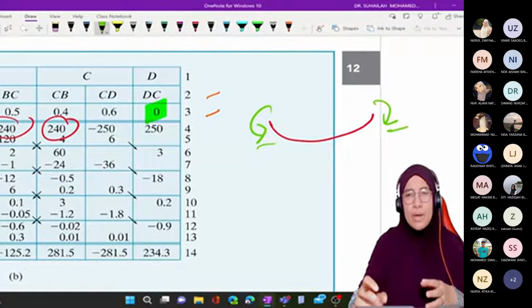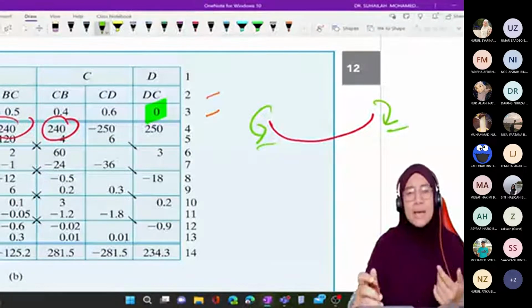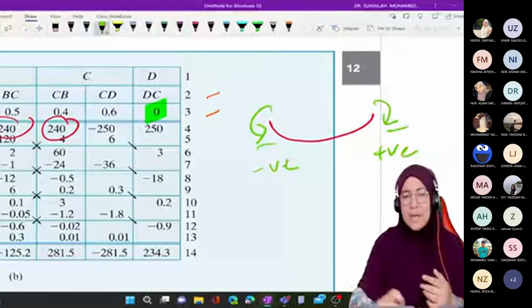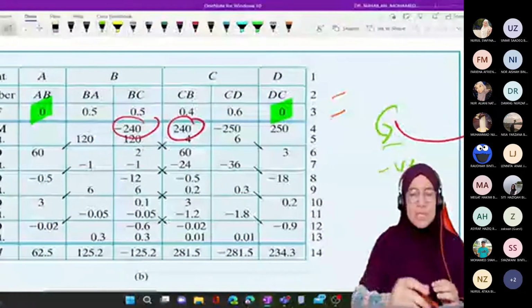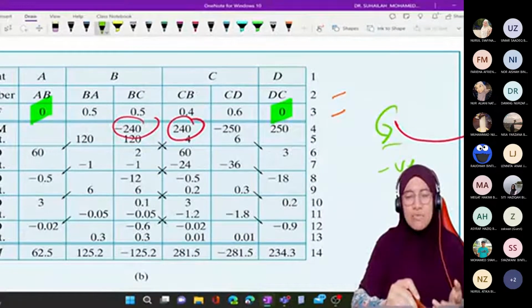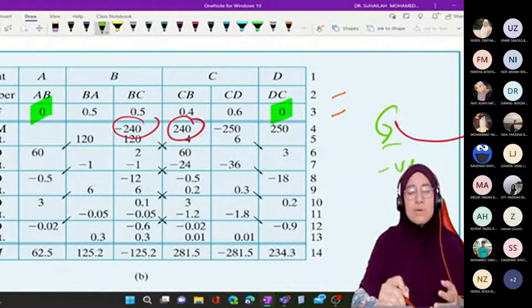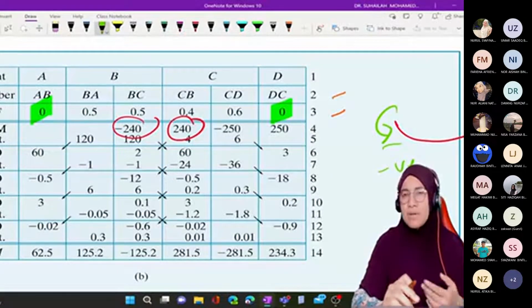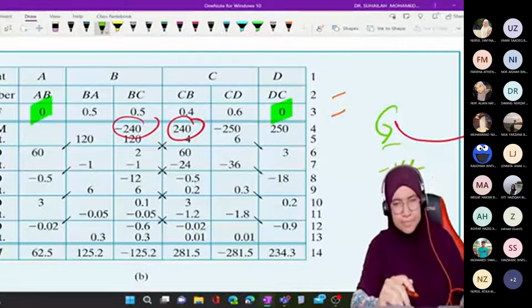Then when we compare with the sign convention, we get negative and positive. This negative and positive we put at BC and CB. So we get negative 240 and 240. We use the formula given, normally the formula is given in the question.